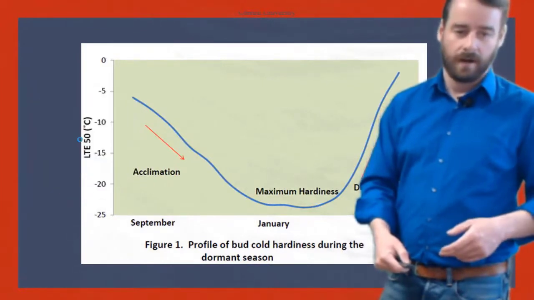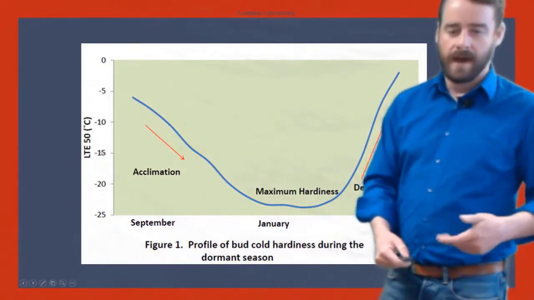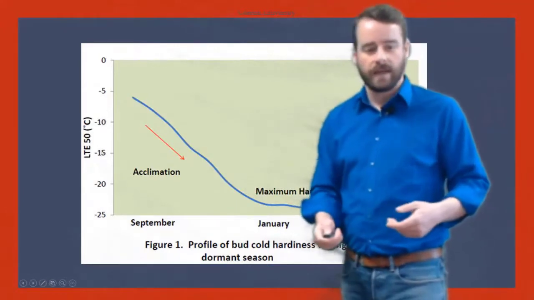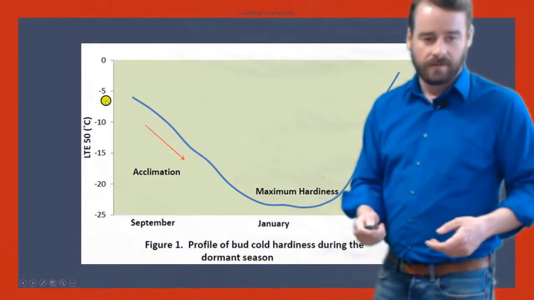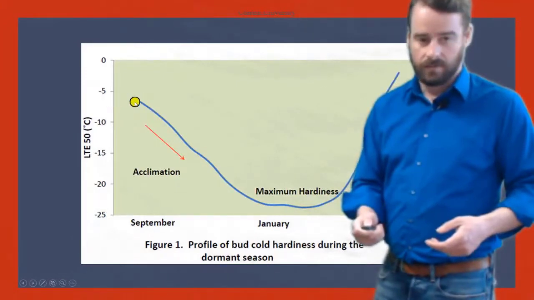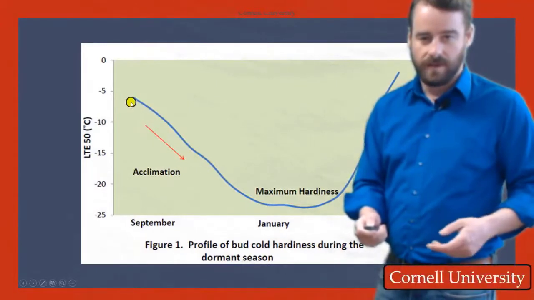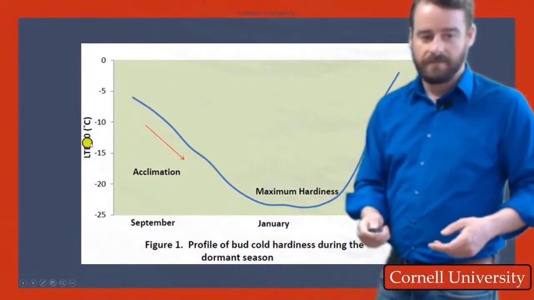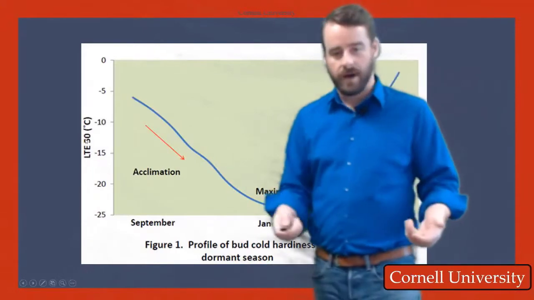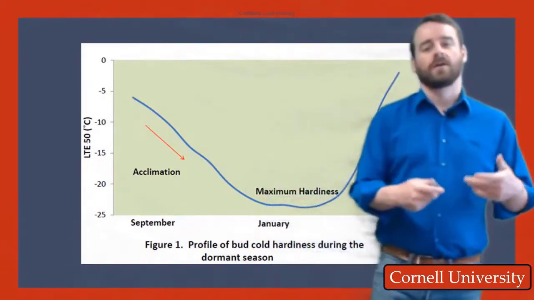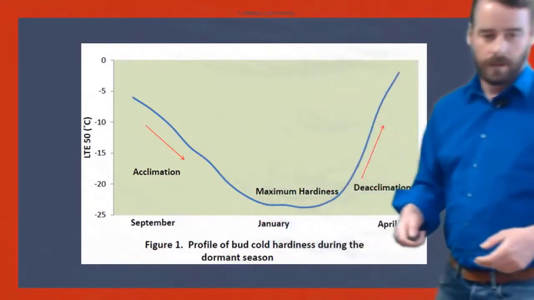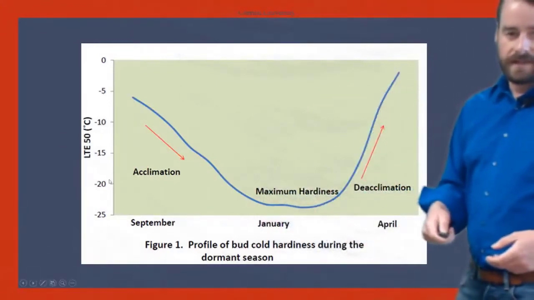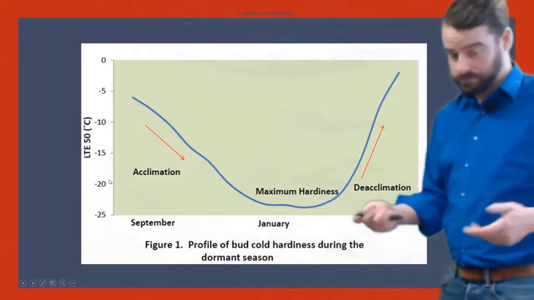It's the temperature at which, say it's September 1st and we got to -7 degrees Celsius, then 50% of the buds on that grapevine would be frozen and die. So we use these LTEs as a measure of cold hardiness.